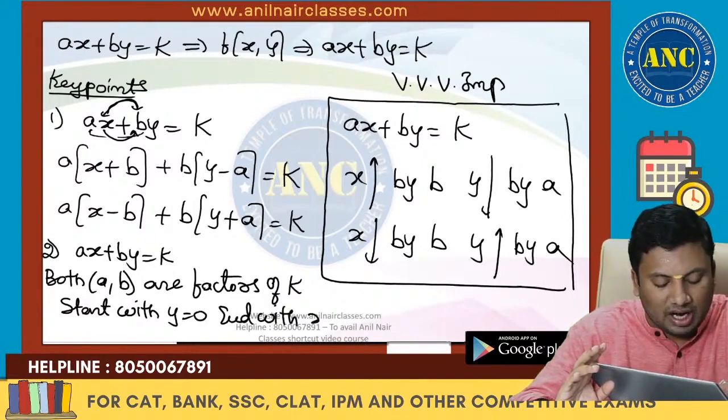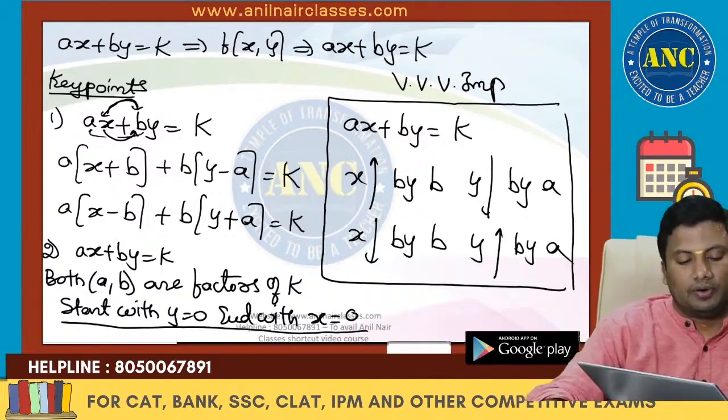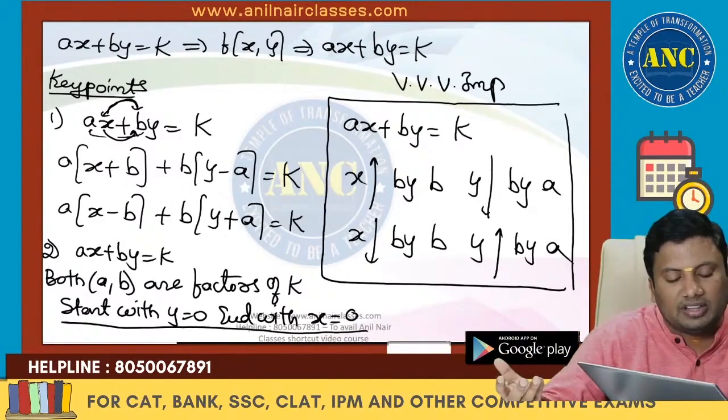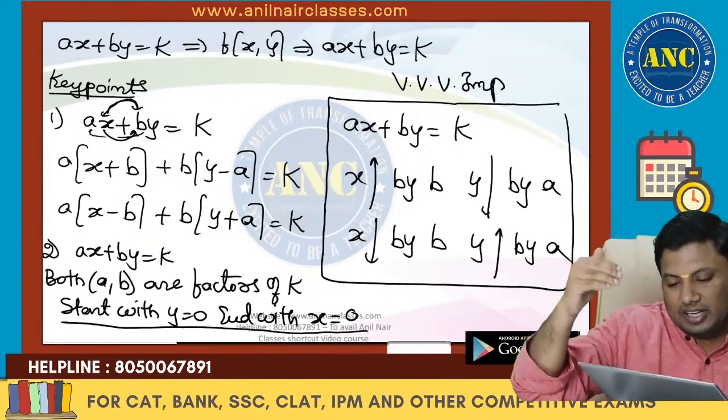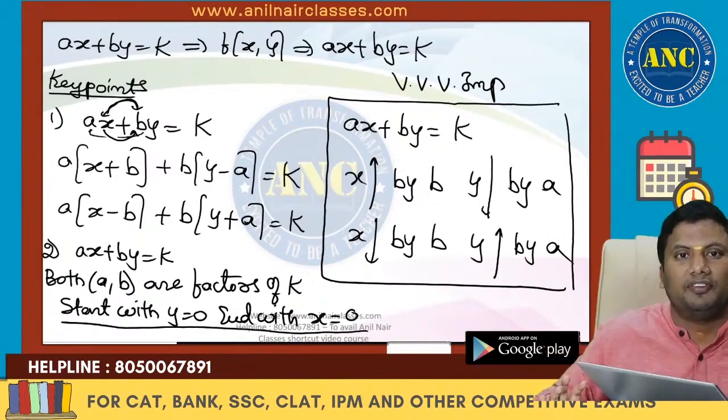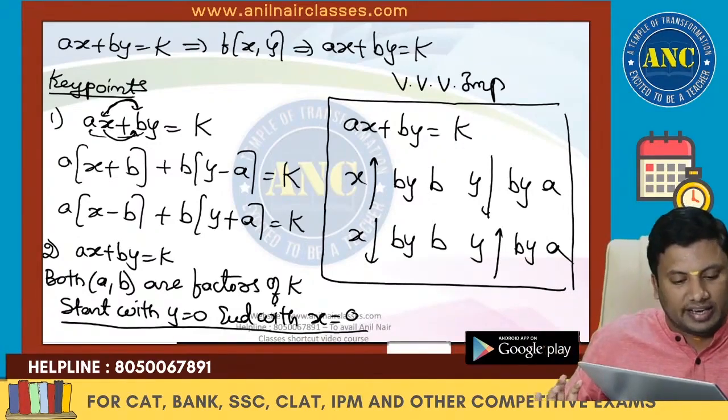Or if you start with x value 0, you will end with y value 0. You can start with y, you will end with x. You start with x and you end with y. First I will discuss the traditional method, then I will discuss Anil Nair's way of solving the question, which takes seconds.